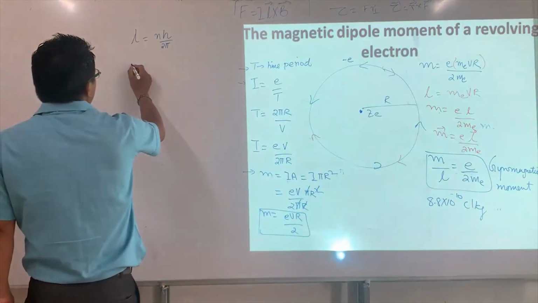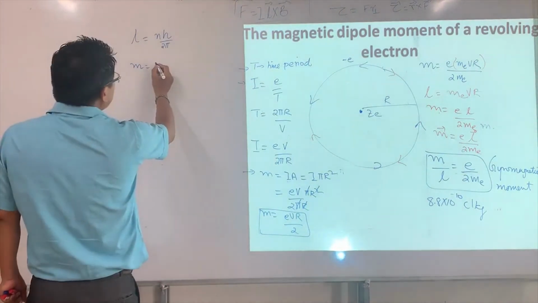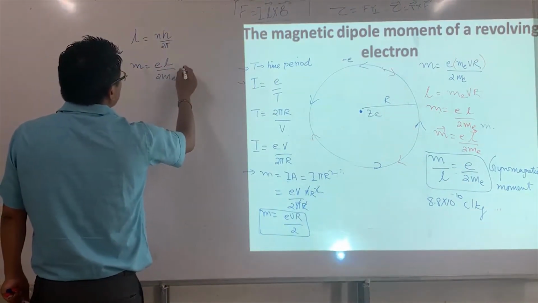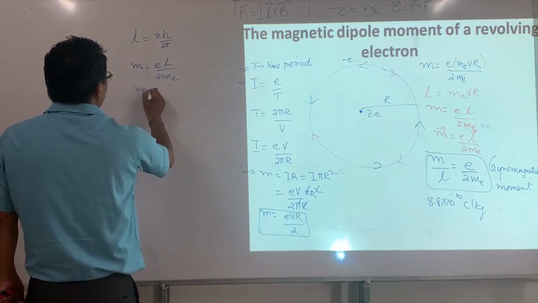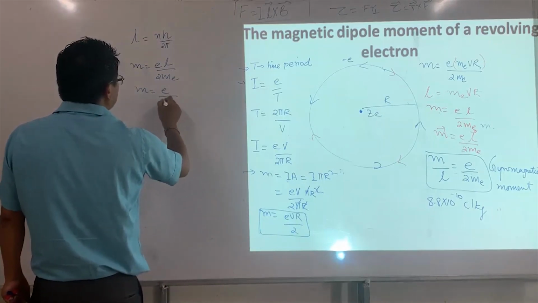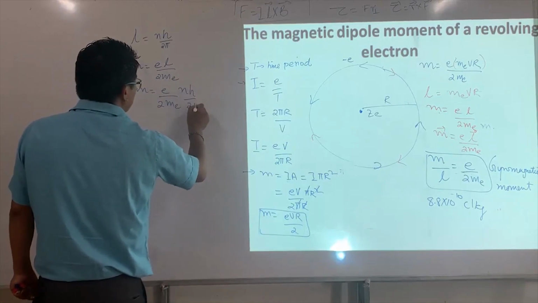So therefore, magnetic moment is equal to e L divided by 2 m e, and instead of L, I'm going to add n h divided by 2 pi.